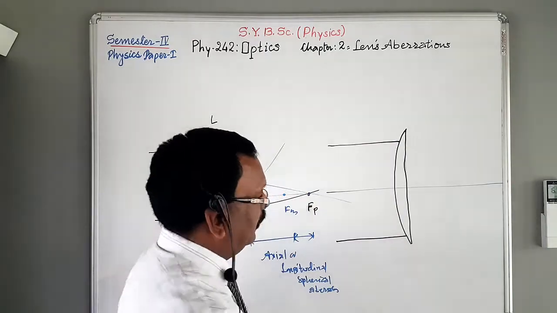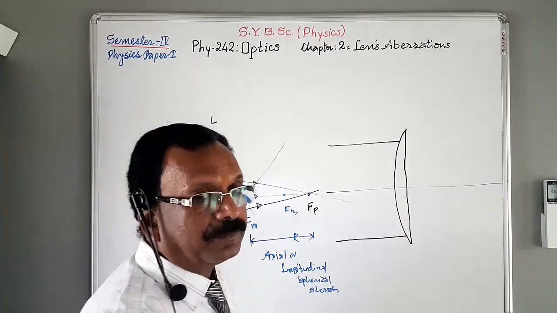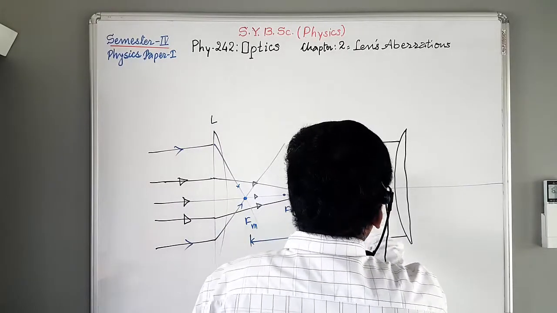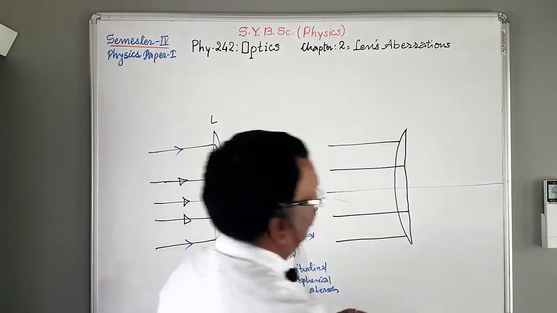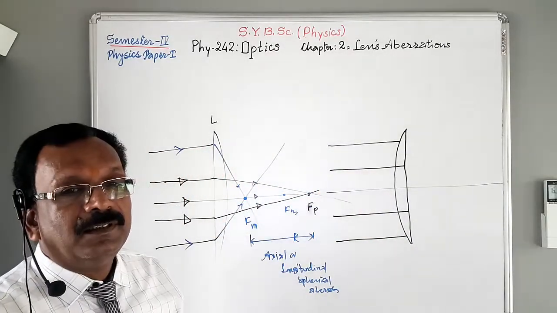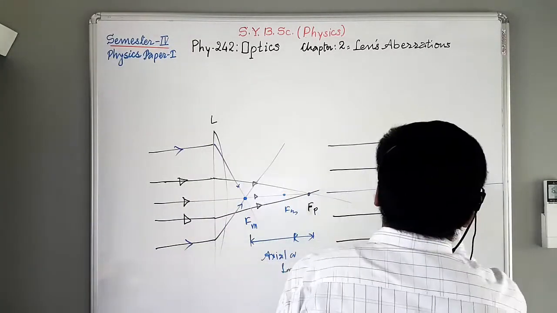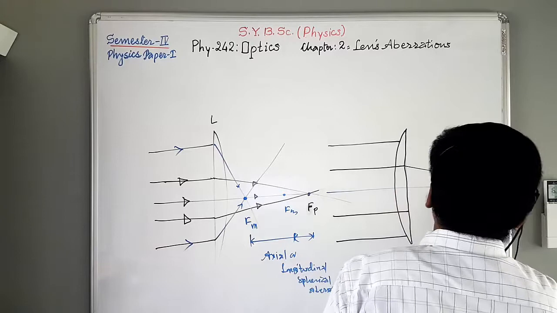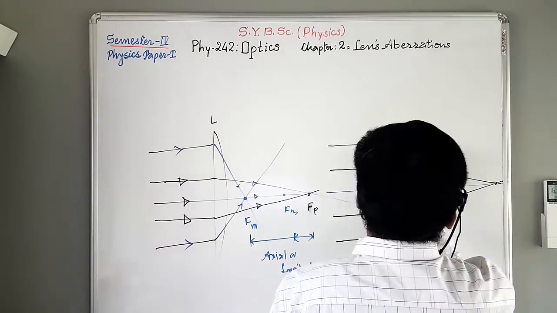The marginal rays strike the curved surface of the plano-convex lens, and these are the paraxial rays striking the plane surface. Then when we make the arrangement like this, obviously the paraxial rays are coming here.